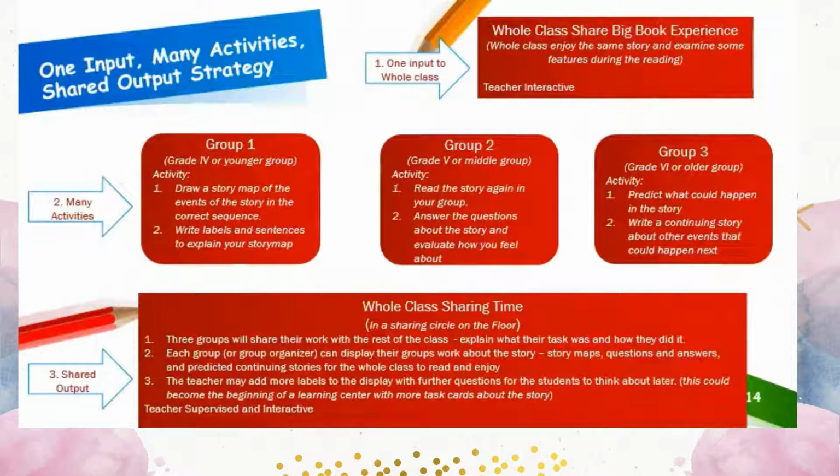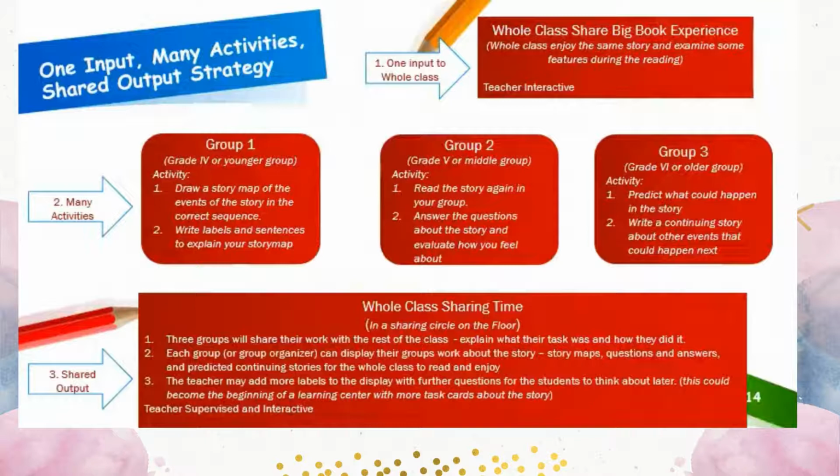Second, each group, or an assigned group organizer, can display their group work about the story. In this case, the story maps, the questions and answers, and the predicted continuing stories are displayed for the whole class to read and enjoy. Afterwards, the teacher may add more labels to display with further questions for the students to think about later.